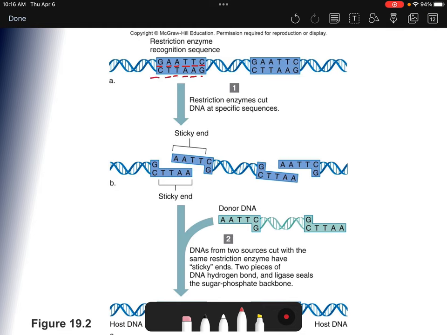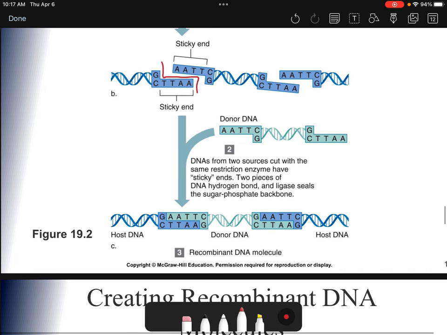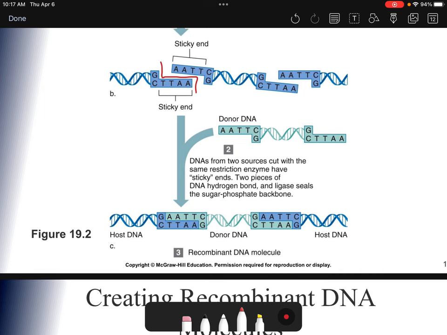So same forwards and backwards, that's a palindrome, and that would be a site that a restriction enzyme could cut. But it doesn't just cut it straight down the middle like that. It cuts it in these jagged cuts, which then leaves these sticky ends. And now you can cut your donor DNA at the same location, and now it will fit just perfectly like a little puzzle piece right here. And you can just insert that DNA, the donor DNA, right into the host DNA.